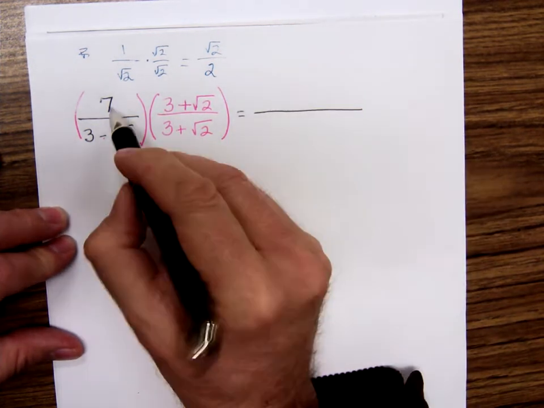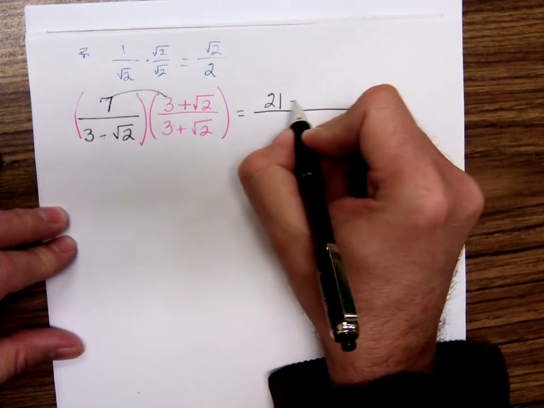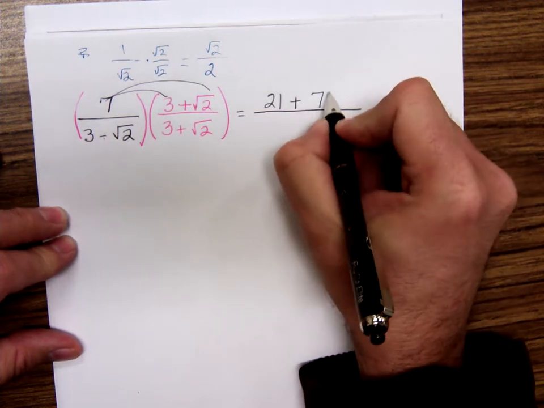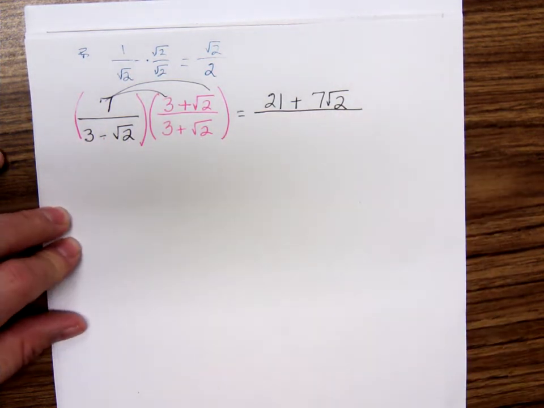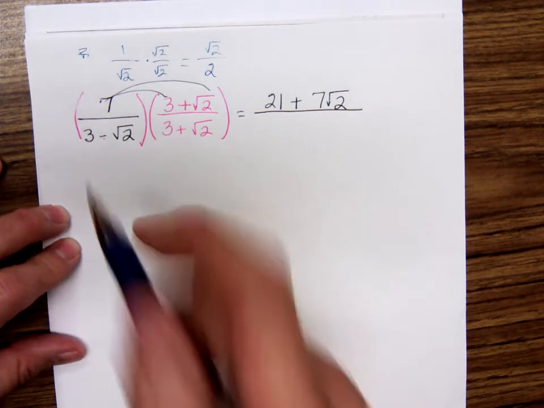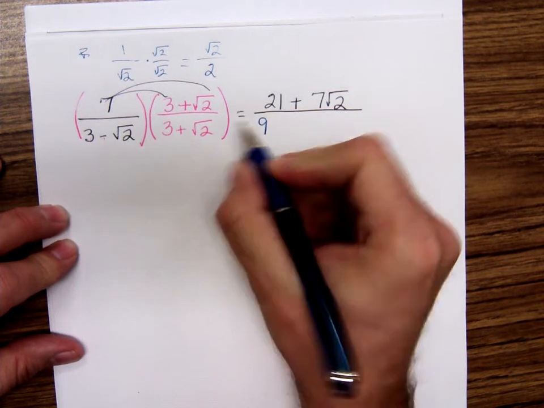Up on top, we'd have 7 times 3, so 21 plus 7 square root of 2. And on the bottom, when we FOIL that out, 3 times 3, 9.